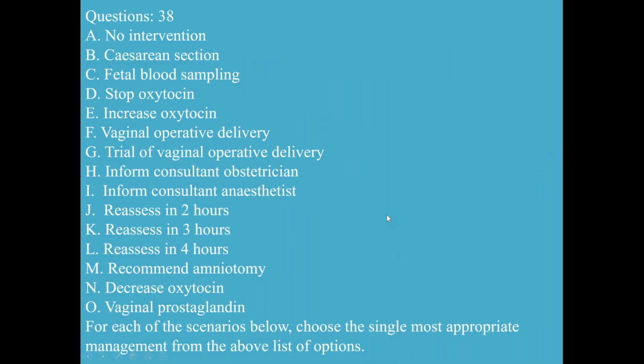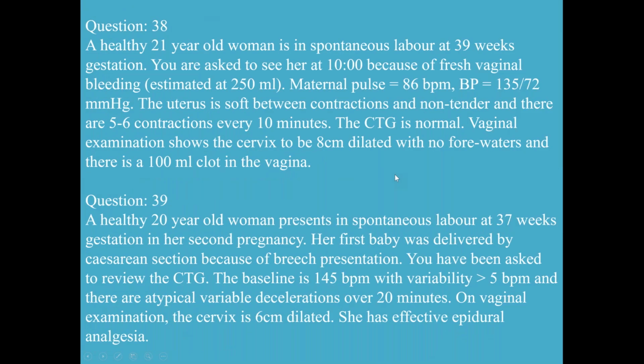Dr. Pat. Yes. 38. The scenario, please. A healthy 20 or 21-year-old woman is in spontaneous labor at 39 weeks. You're asked to see her because of fresh vaginal bleeding, estimated 250 milliliters.